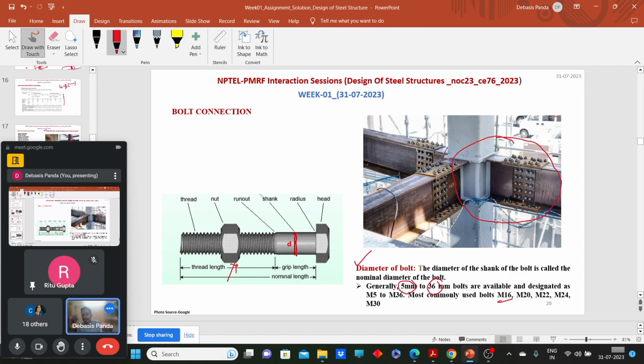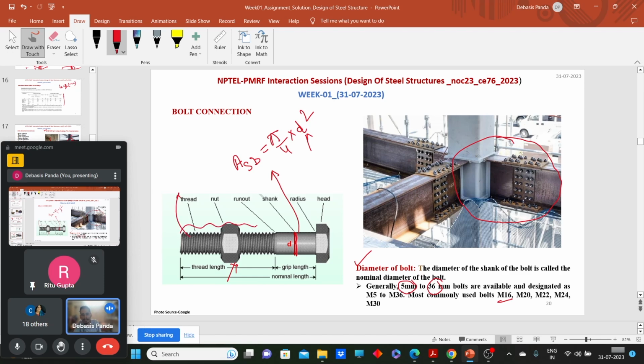Now, the cross-sectional area will obviously differ between the root and the shank portion. What will be the cross-sectional area of this section? We call it the cross-sectional area of the bolt, or the area of the shank of the bolt, Asb. It will be pi by 4 into d squared, where d is the diameter of the shank.